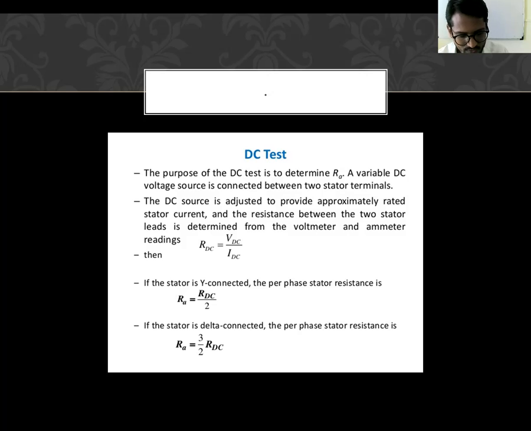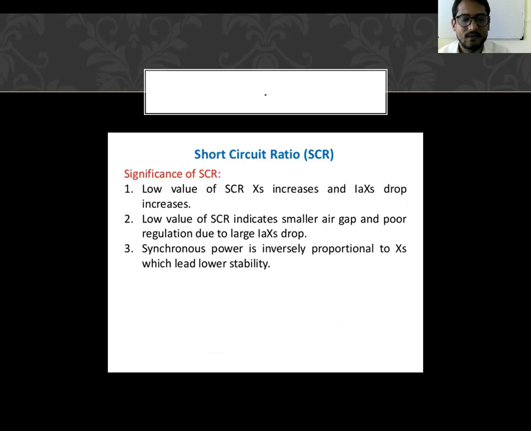A typical value used for the calculation is 1.25. If the stator is Y connected, the per phase stator resistance is Ra equals RDC upon 2. If the stator is delta connected, the per phase stator resistance is Ra equals 3 upon 2 RDC.